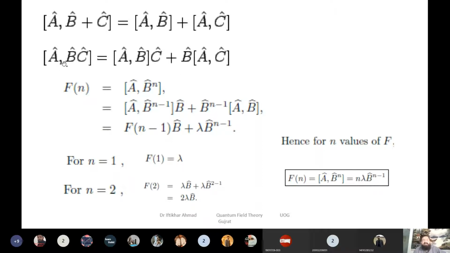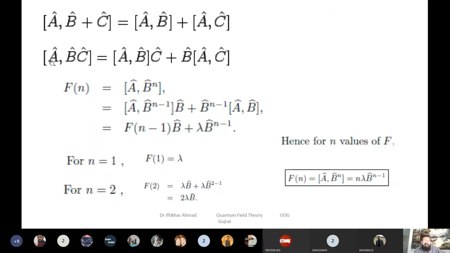Okay, we are using this definition, the properties of commutators. Here is the first property and this is another property. When A and B plus C are operators, they can be added, and you can open it as the commutator [A, B] plus the commutator [A, C].